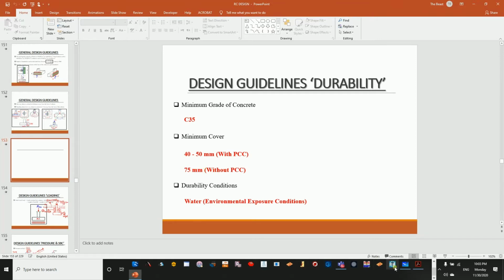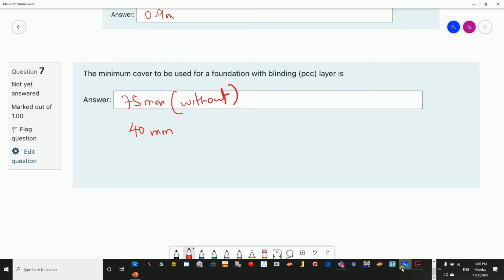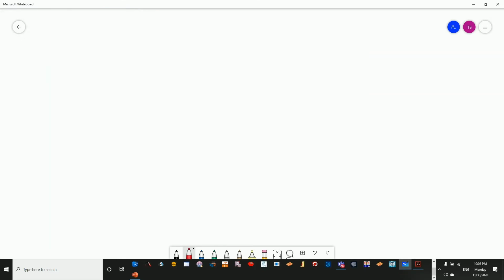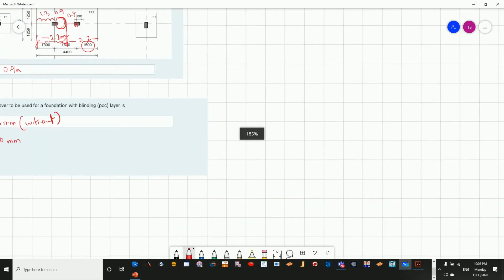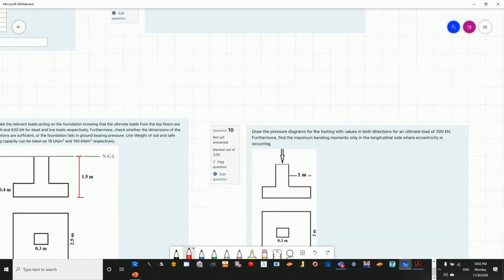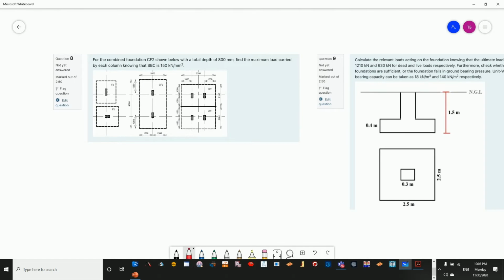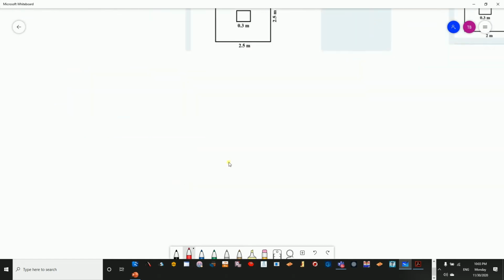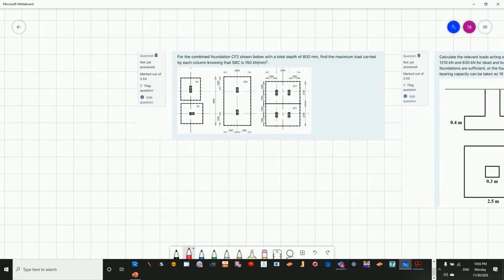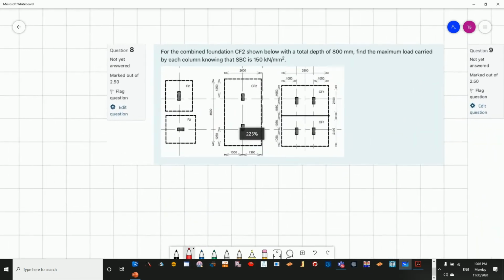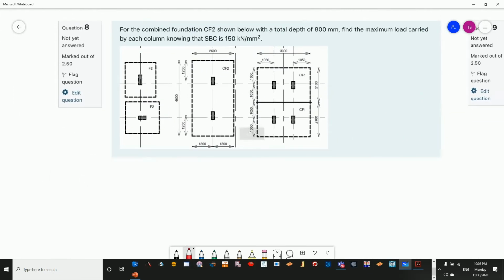Now going for question number 8. Question number 8 says that for a combined foundation shown below, a total depth of 800 millimeter.